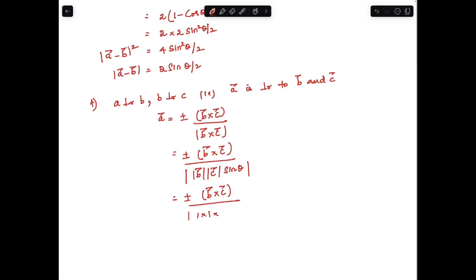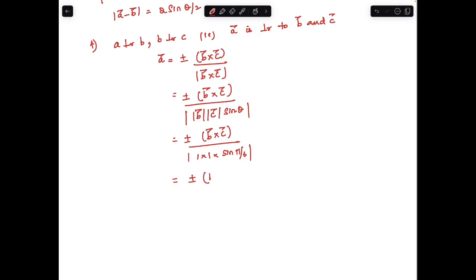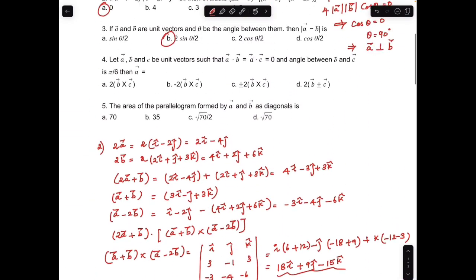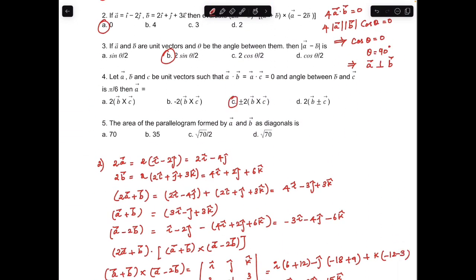This is 1 each, and sine pi by 6, plus or minus B cross C by 1 into half, which is plus or minus 2 times B cross C. So the answer is option C.